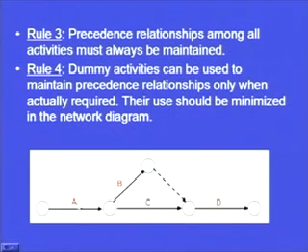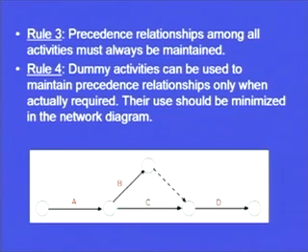If you have understood the previous lecture properly, you would easily be able to understand the precedence relationships in this diagram. Activity A has no predecessor, which means that activity A can start on any given day, and it is not dependent on the completion of any other activity.